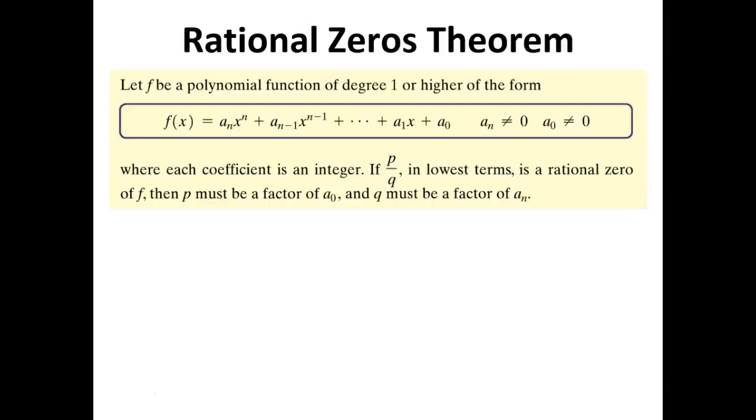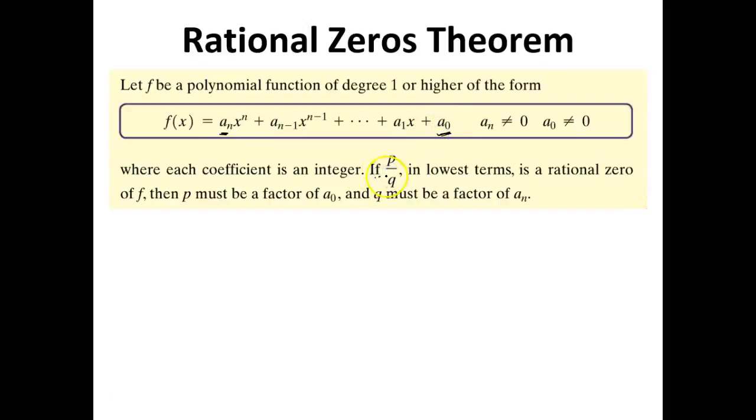Another theorem, I know there's lots of theorems. Like I said, this throughout time has been discussed probably ad nauseam. But rational zeros theorem: let f be a polynomial function of degree 1 or higher of the form. So we have our polynomial here. What this is saying is the leading coefficient can't be 0, and we have to have a constant.